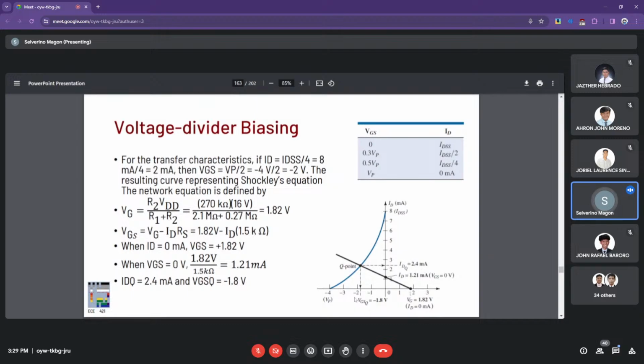So at 1.8 VGS, you have 2.4 milliamps drain current, and that is your Q point now, where the load line touches the characteristic curve for your VGS and drain current.